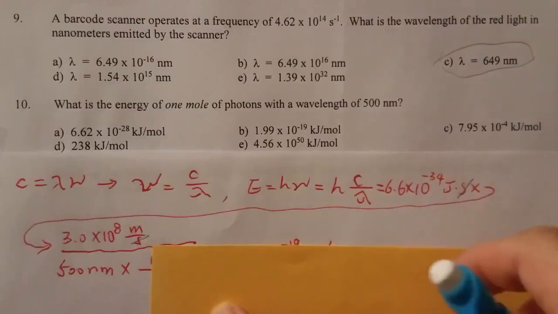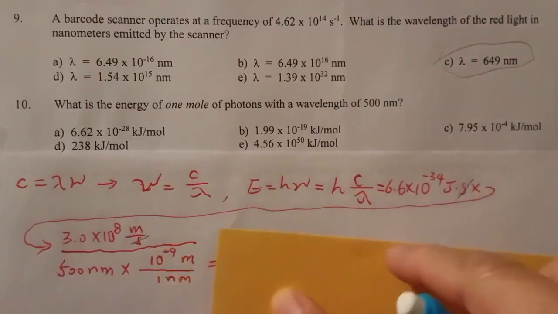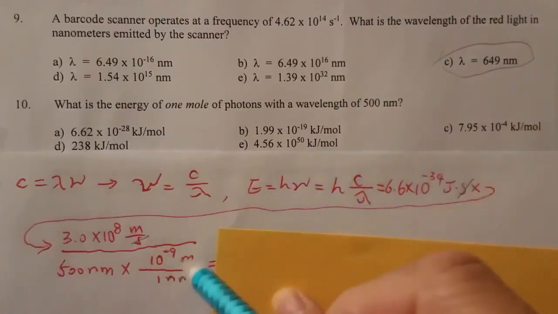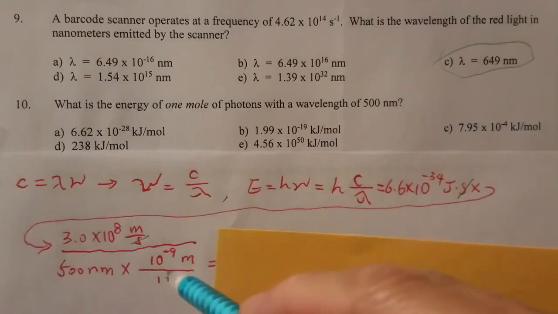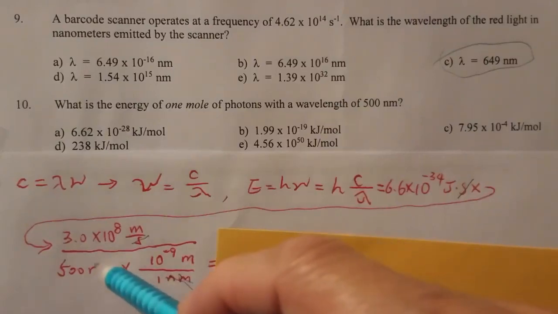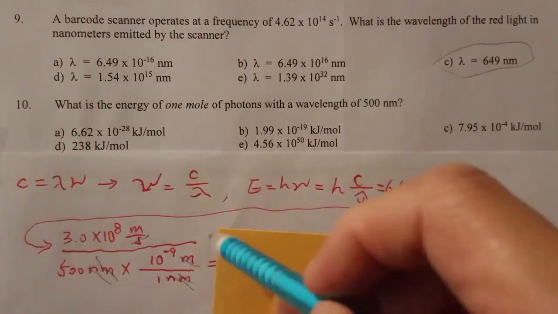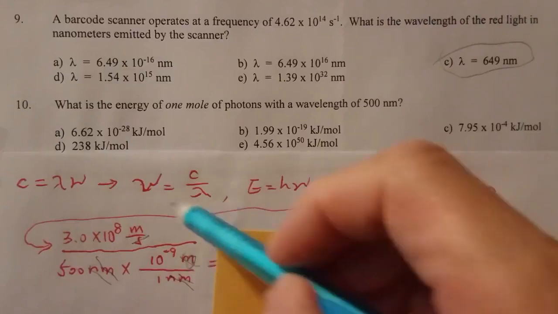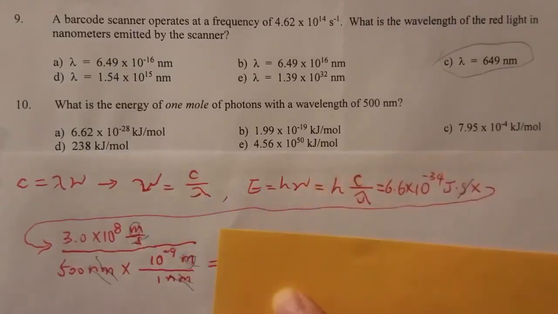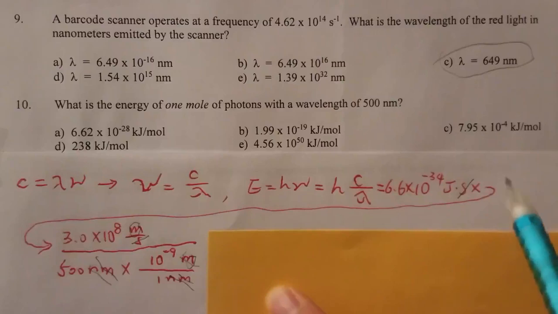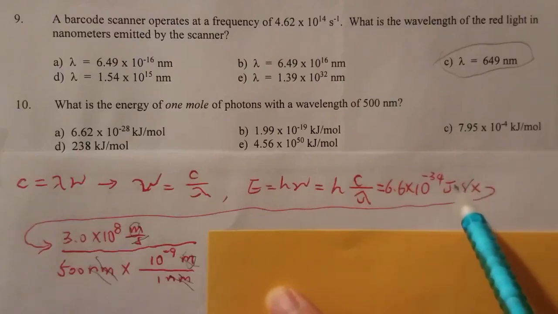Therefore, we need to convert from nanometers to meters. This way the nanometers are gone, and meters and meters also cancel. What is left as the unit for the final answer is joule, just the energy unit.